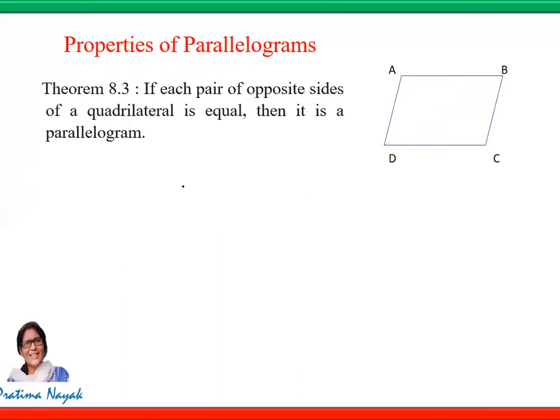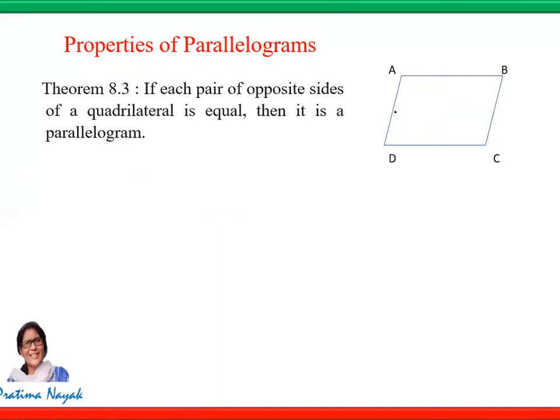Theorem 8.3. If each pair of opposite sides of a quadrilateral is equal, then it is a parallelogram. We are coming to the opposite of it. In a parallelogram, opposite angles are equal, opposite sides are equal.